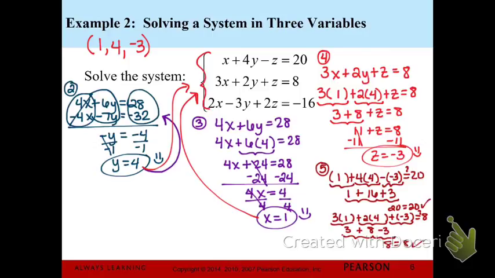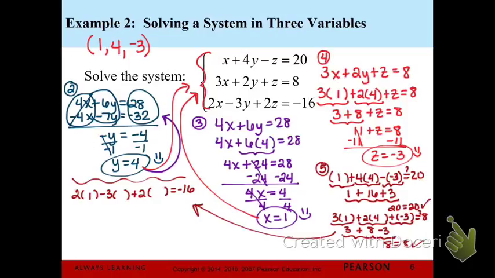And then to finish this up, I'm going to come over here on the left-hand side of my paper so I don't have to erase anything right now. So I'm just going to do that third equation. Plug in your X, your Y, and your Z, and simplify it.